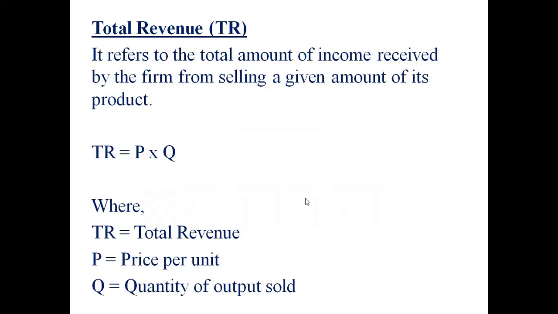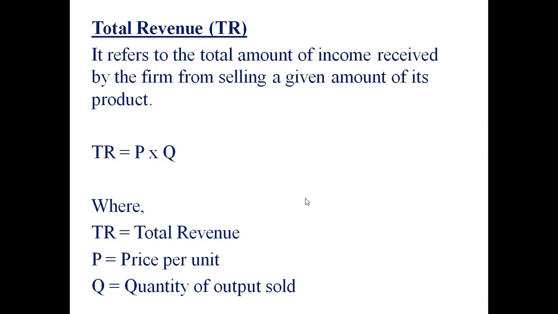It refers to the total amount of income received by the firm from selling a given amount of its product. So basically, TR equals P into Q, where P refers to the price per unit and Q is the quantity of output sold, the total quantity sold by a firm.